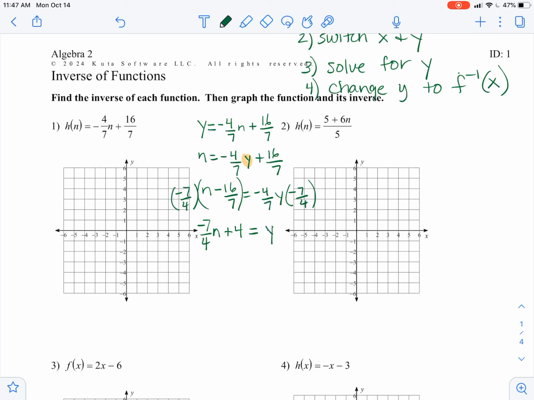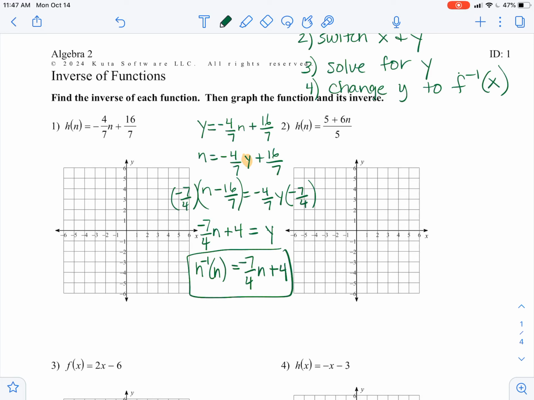So now I'm going to, again, change the y for f inverse of x. Now mine, again, since it's not f, it's h. So I would say h inverse of n equals a negative 7/4 n plus 4. And that would be my inverse function.